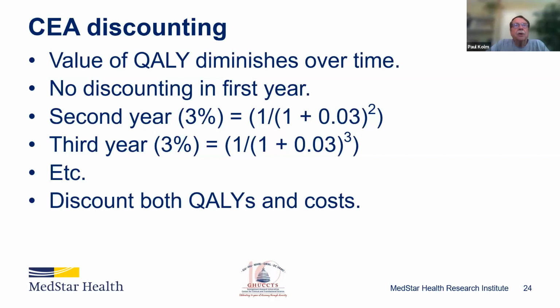In the second year of our trial, if we're discounting at 3%, then we would multiply our costs by 1 divided by 1 plus the discounting rate squared. And in our third year, it would be the same value raised to the power of 3, and so on for the 4th, 5th, 6th, however many years our study lasted.